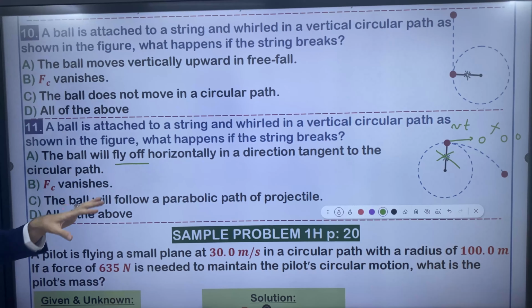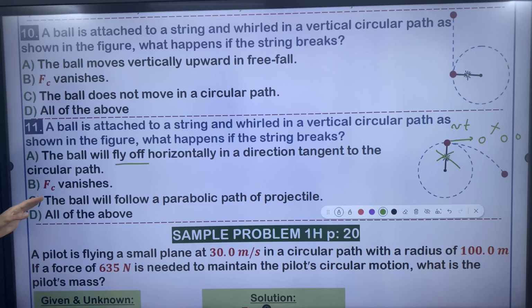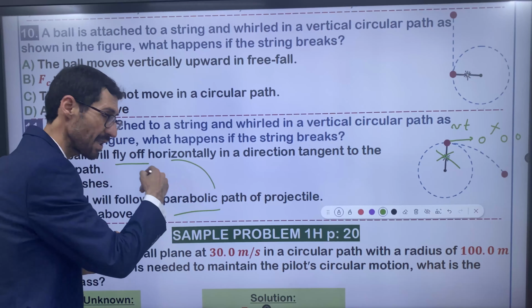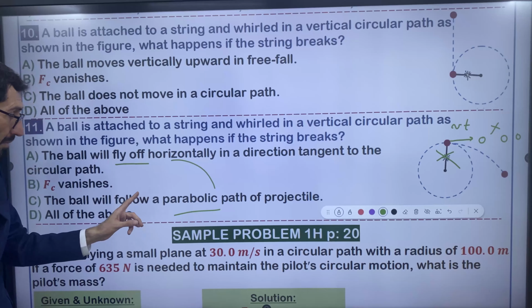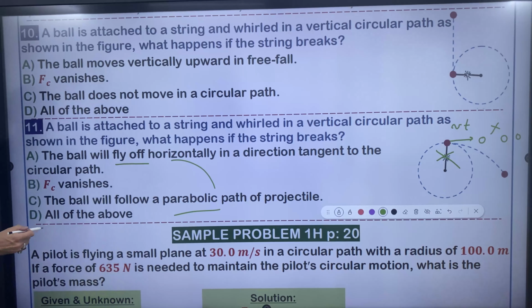It's true, we accept it. B, FC vanishes, of course, because the string breaks. C, the ball will follow a parabolic path. Parabolic means like a projectile path, it's true. And all of the above is true.